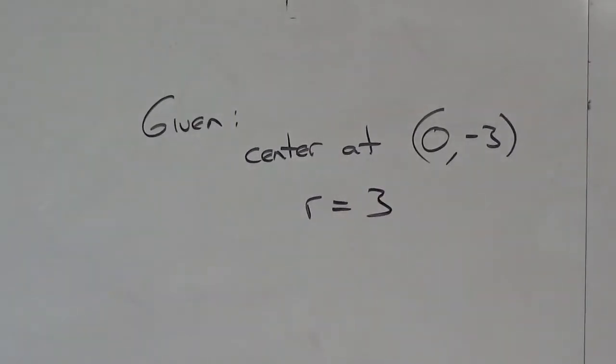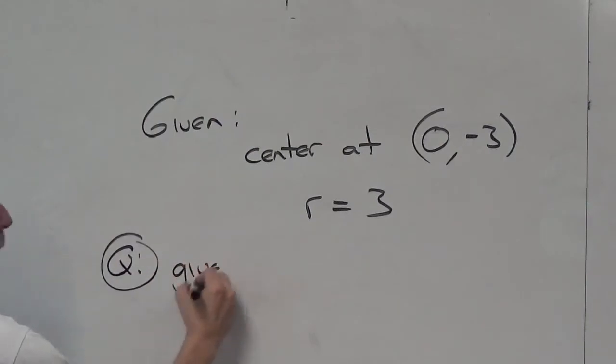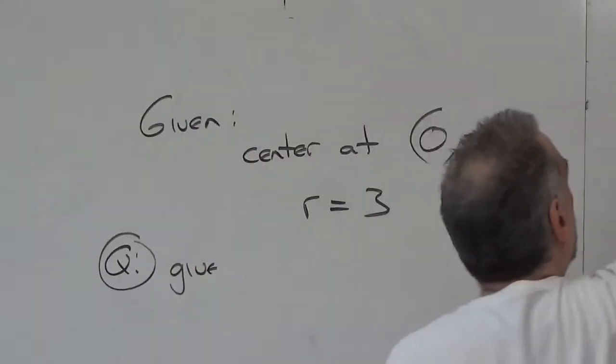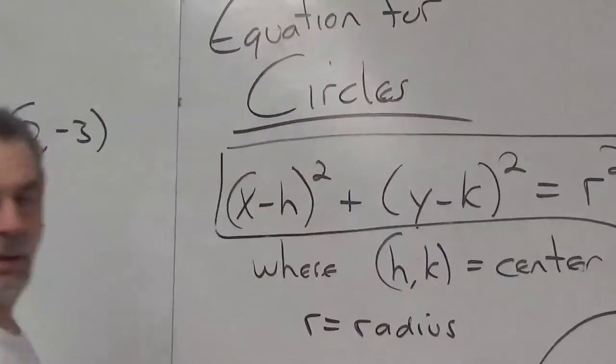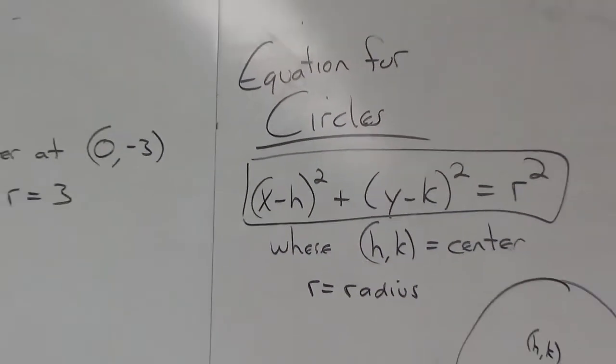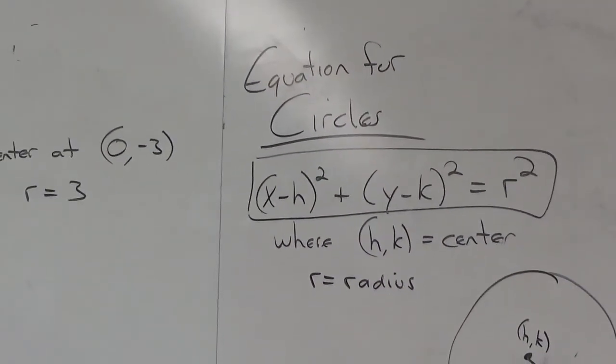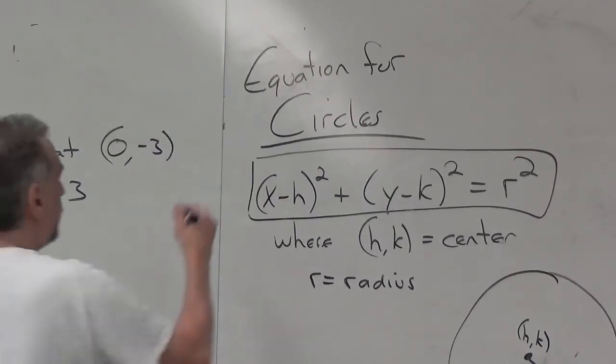And you'll be asked for the equation of the circle. And this is called the standard form, I believe it is. Let me make sure I got that right for the book, because there's a standard form and a general form that we're going to look at later. The one we're looking at there is called the standard form.